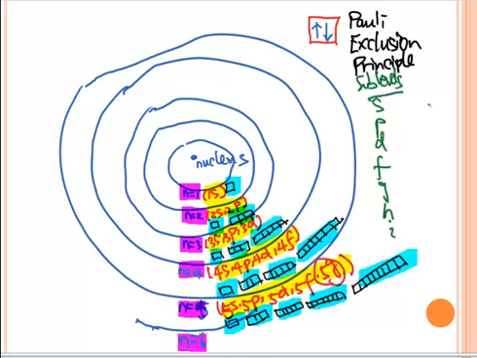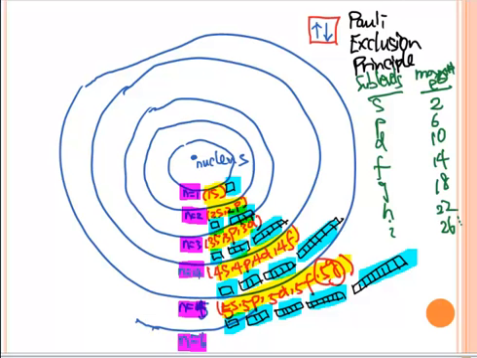As you can tell, s has only 1 orbital, so the max number of electrons will be 2. P has 3 orbitals, that will be 6. D has 5 orbitals, that will be 10. F will have 7 orbitals, 14, 18, 22, 26, and the list goes on and on.